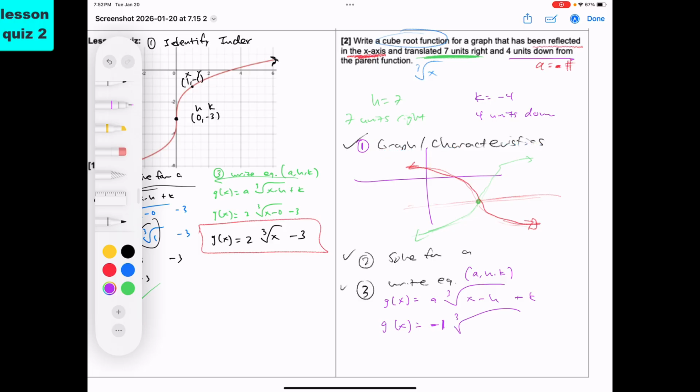And then my x value, your h value, we said was going to be 7. And then my k value is going to be minus 4. Okay, so let's go ahead and just double check. And that's our graph.